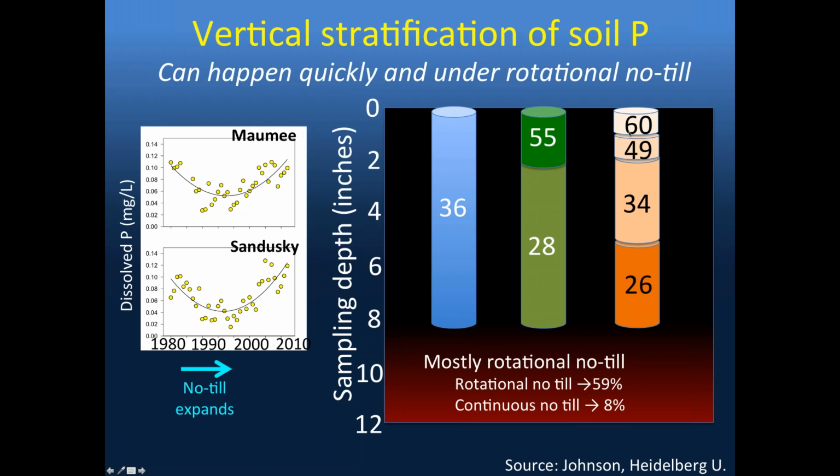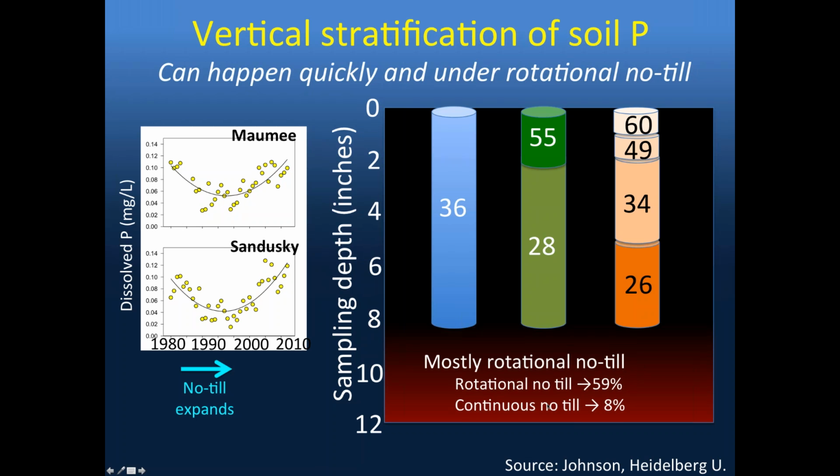And then when you broke it up even more finely to 1-inch samples at the surface, you had peak concentrations averaging 60 milligrams per kilogram. This is in a watershed that has primarily rotational no-till, so it's not permanent no-till. Periodically the soils in this watershed are plowed, and so mixing does occur. And continuous no-till is actually the minority land use.